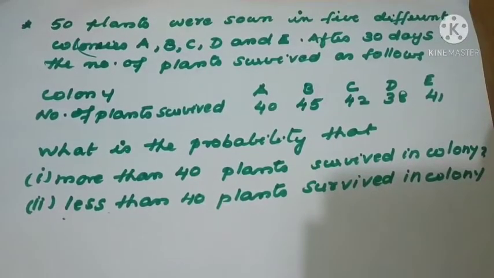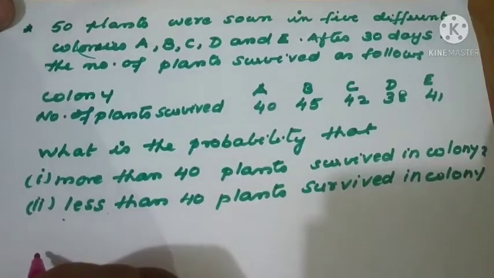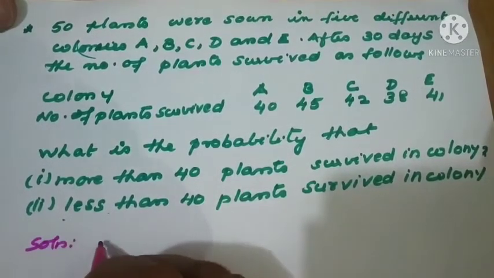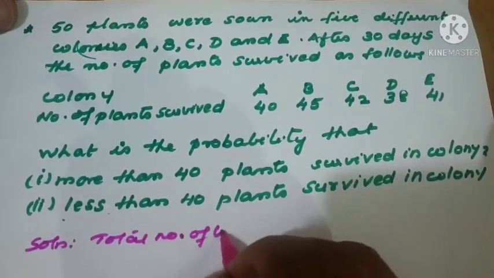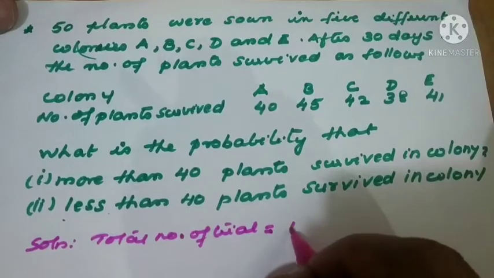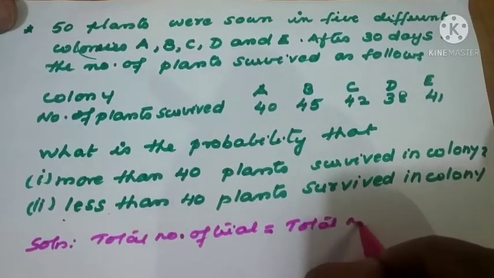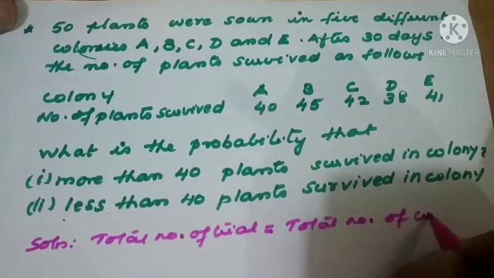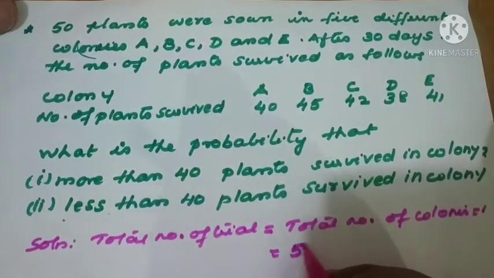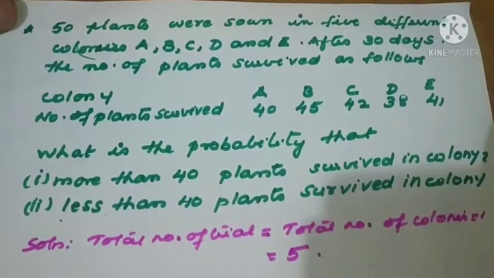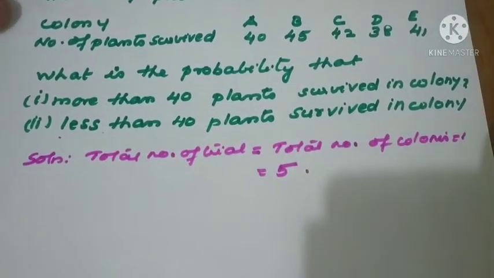We should, as usual, write the total number of trials, that is the total number of colonies here. So solution: total number of trials equal to total number of colonies, equal to 5. Next, for experimental probability, what is the formula?